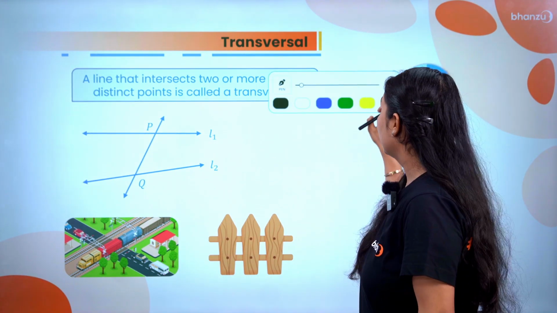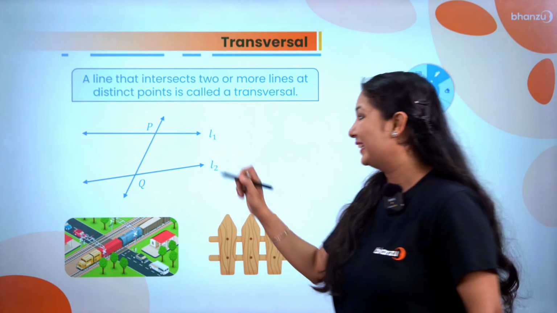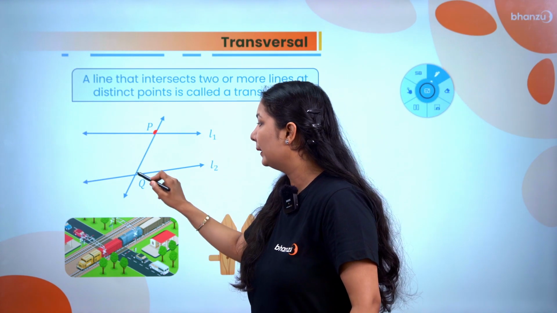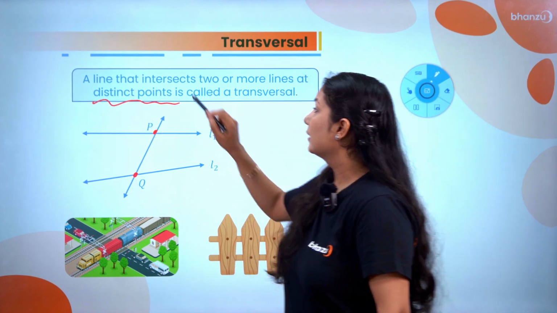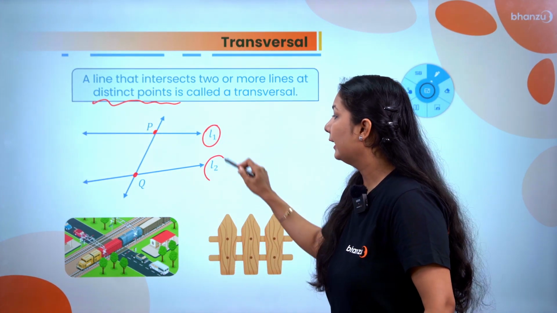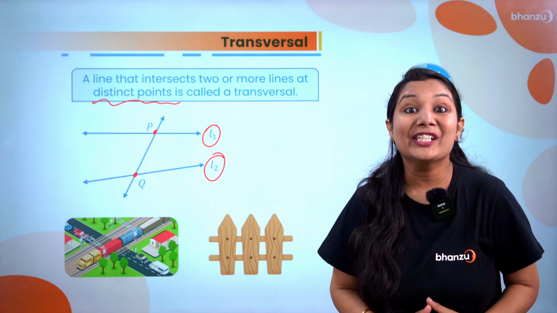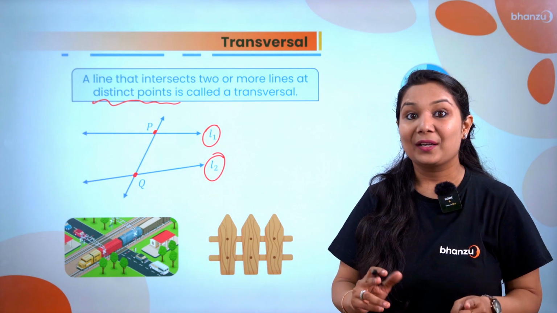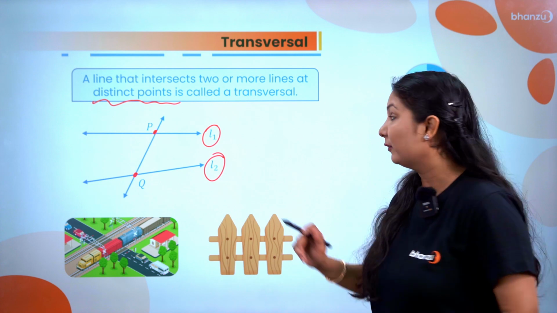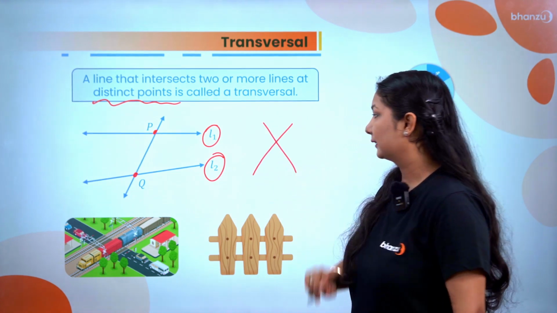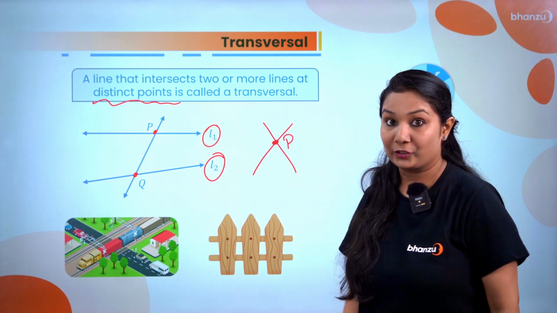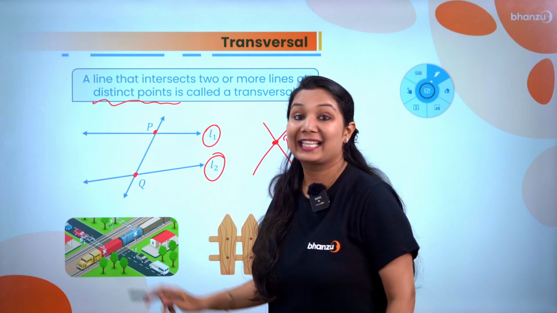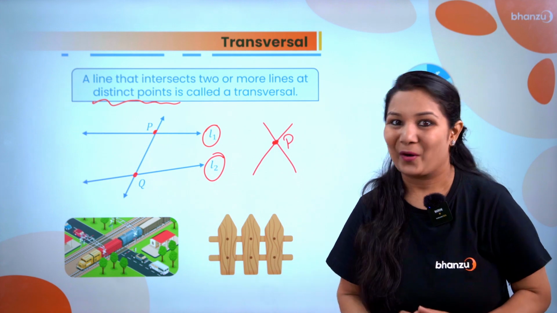So in this particular figure, you can see point P and point Q. These are the two distinct points where the lines L1 and L2 are intersecting each other, right? But if you compare it with intersecting lines, there is only one common point of intersection, but here they intersect at two distinct points.